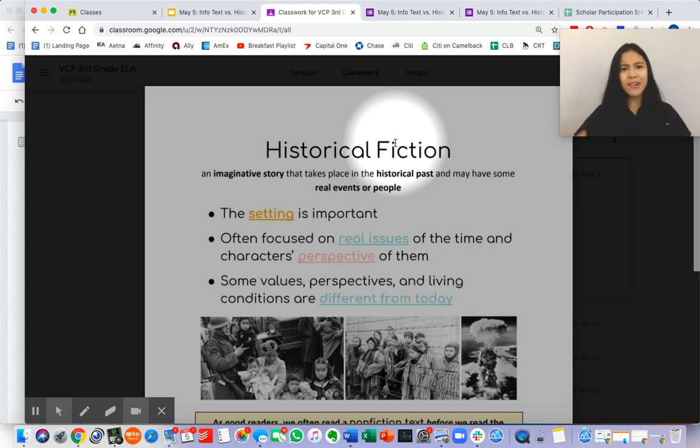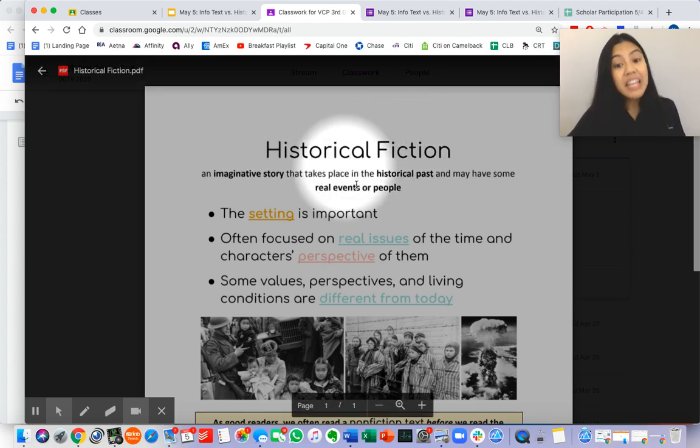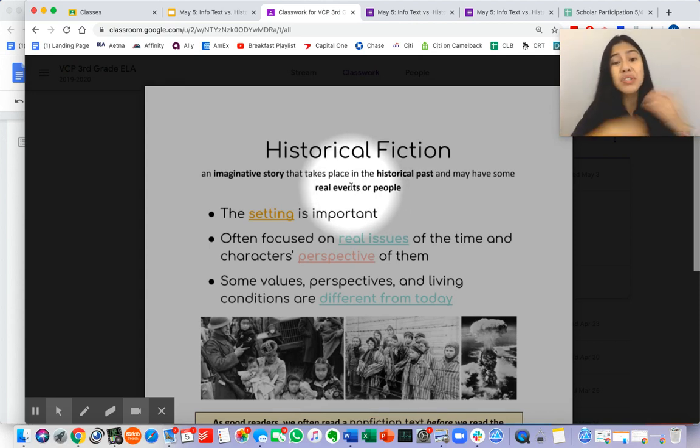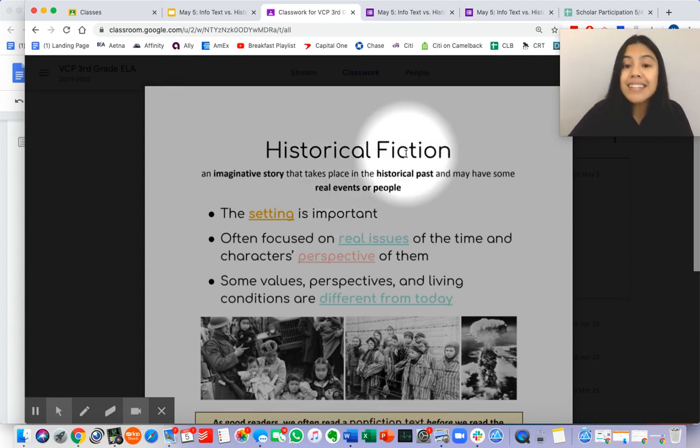Yes! Wow! Say, we didn't get tricked. Right. Scholars, historical fiction, even though it is set in the historical past and has real events or people, this is still a form of narrative fiction. It is still a make-believe story that comes from the author's imagination.